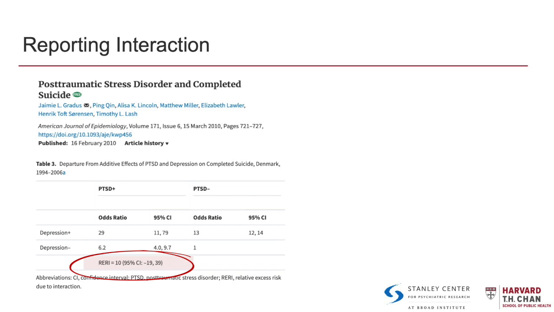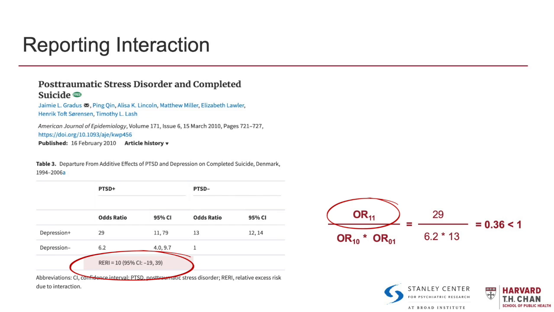But they haven't calculated multiplicative interaction, and we can easily calculate it as we have done earlier, which is taking the odds ratio for the presence of joint exposure, 29 provided here, and then the multiplication of the individual odds ratios, which gives us 0.36, which is less than 1.